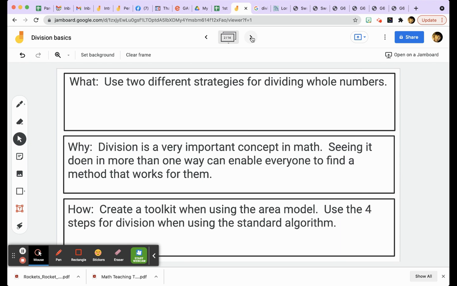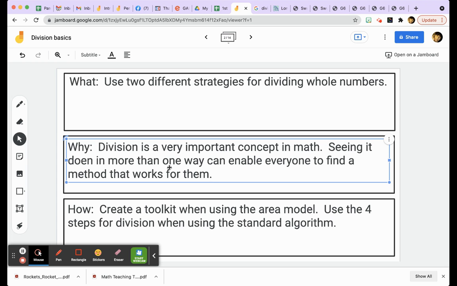So now we're taking a look at the what, the why, and the how. What? We're using 2 different strategies for dividing whole numbers. Why? Well, division is a very important concept in math. Seeing it done in more ways than one can enable everyone to find a method that works for them.